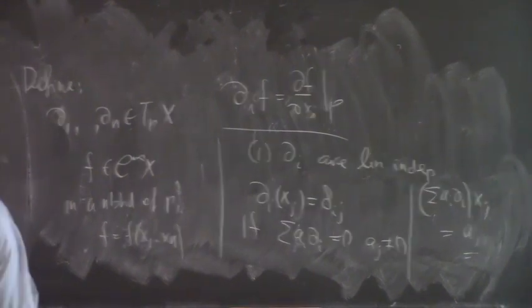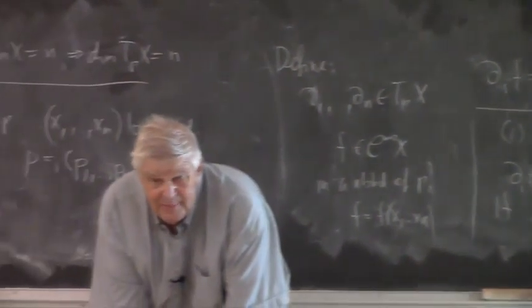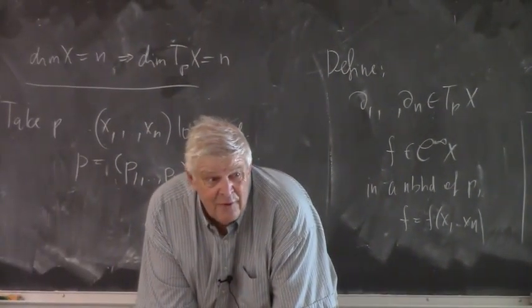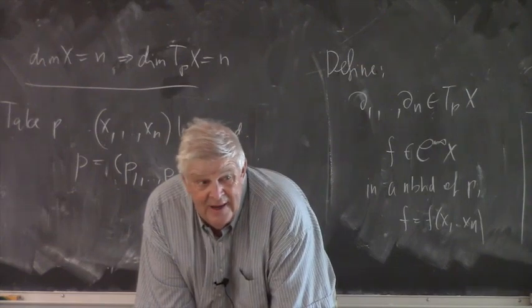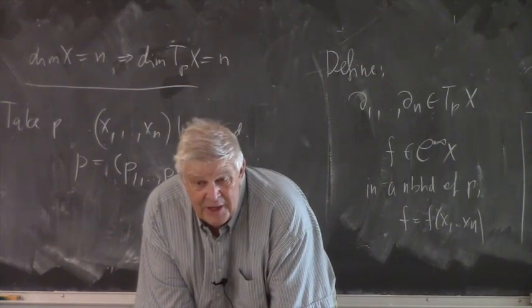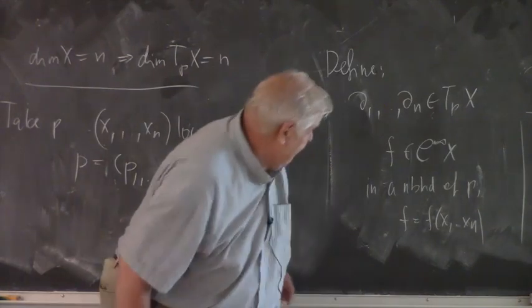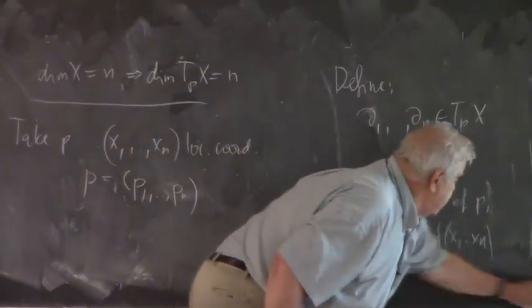Now we need to prove the second statement, namely that every tangent vector is a linear combination with numerical coefficients of the di's. So part 2.